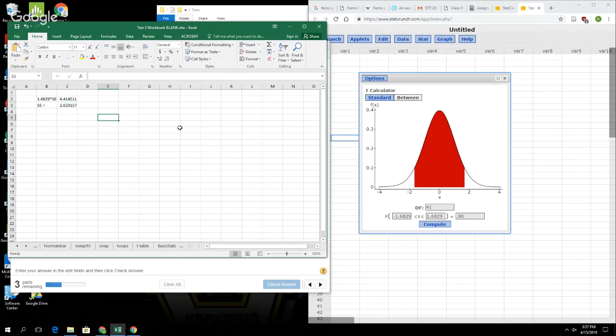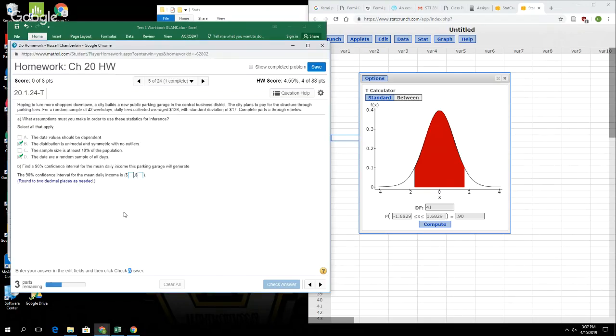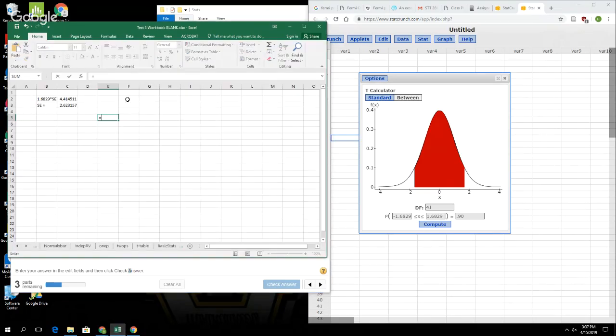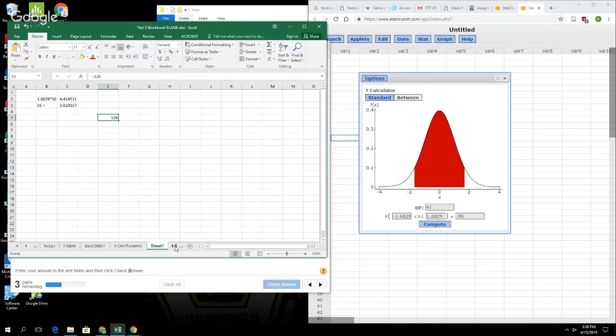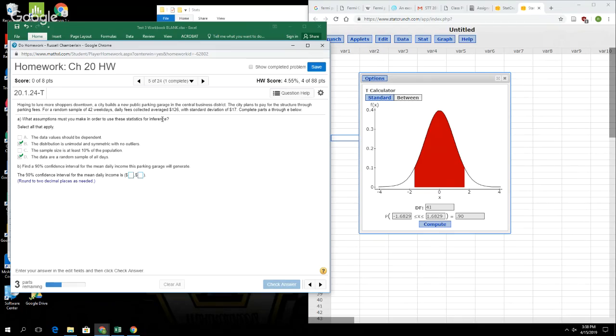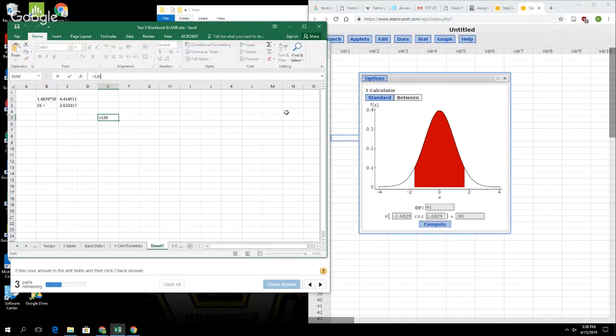So, what was our mean? Mean 126. Okay, so our confidence interval is 126. Let me double check that number. I don't want to be here, I want to be over here. Check that number, 126 equals 126 plus the margin of error, equals 126 minus the margin of error.